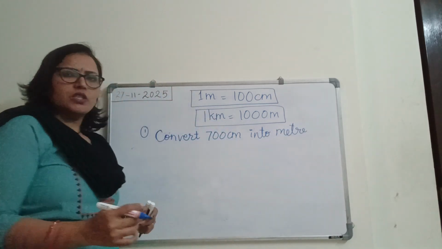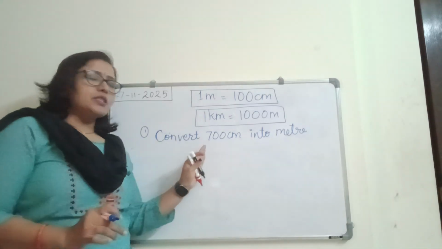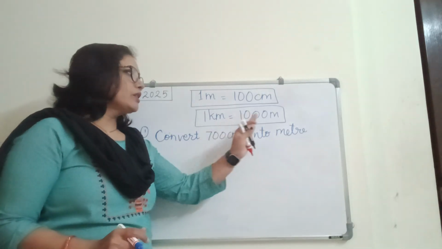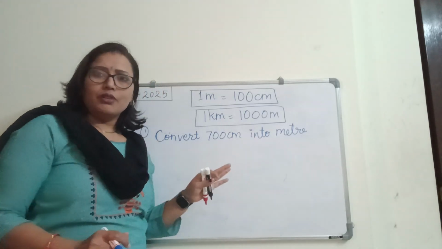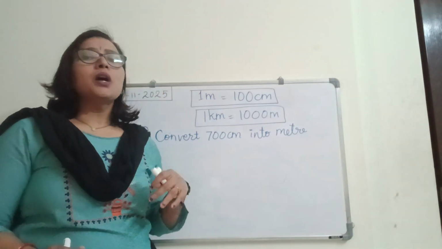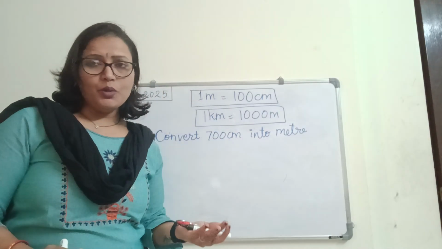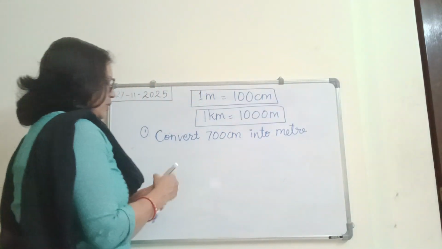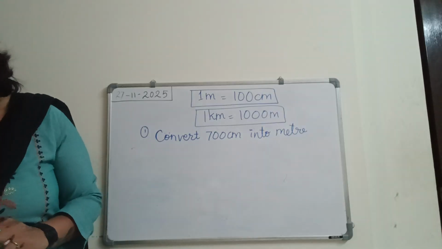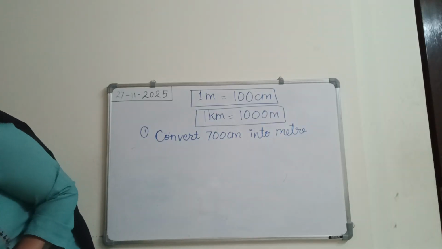This is the question given. Here the smaller unit is centimeter, and we have to convert into the bigger unit, that is meter. When you convert a smaller unit into a bigger unit, you have to divide by 100. That is the second rule.